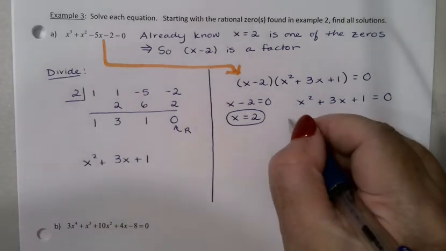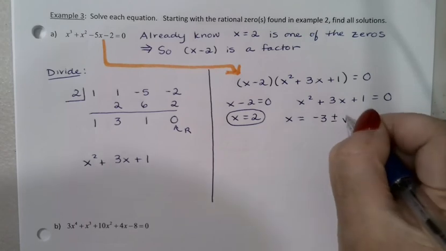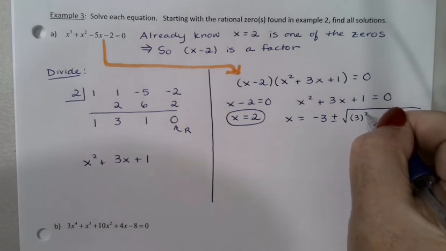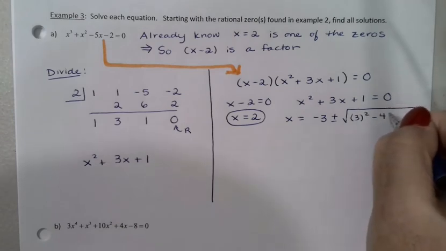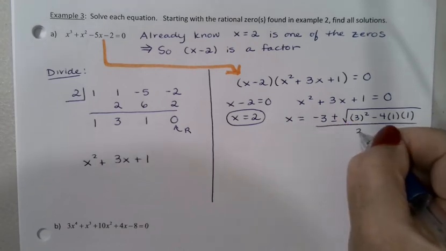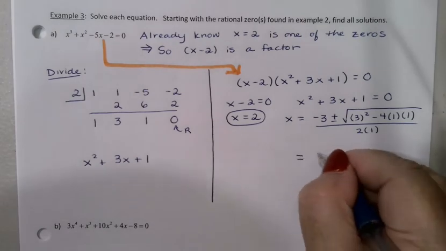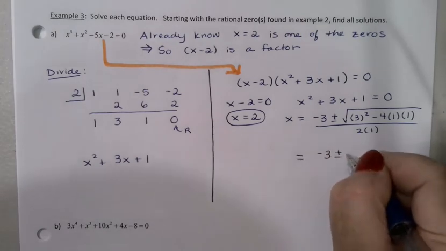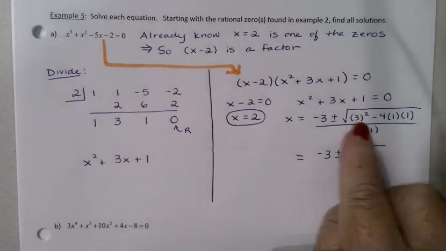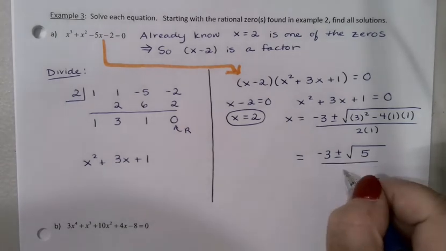So I'm going to go back to my quadratic formula. Negative 3 plus or minus the square root of 3 squared minus 4 times 1 times 1, over 2 times 1. It's negative 3 plus or minus the square root of 9 subtract 4, which is 5, over 2.